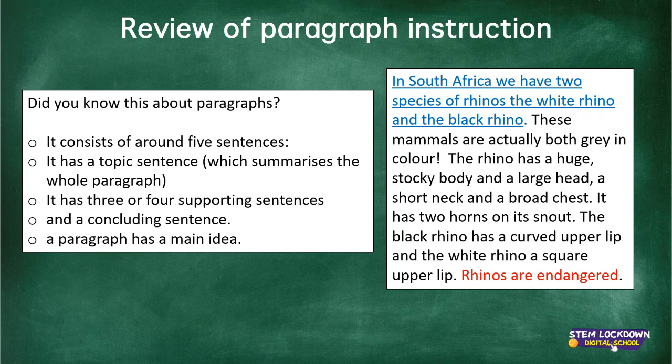It's got a topic sentence, which is the top sentence. The topic sentence doesn't have to be the top sentence. It can be one of the other sentences. But in this case, it's saying we've got two kinds of rhinos, the black and the white rhino, and the three or four supporting sentences are all to do with black and white rhino.